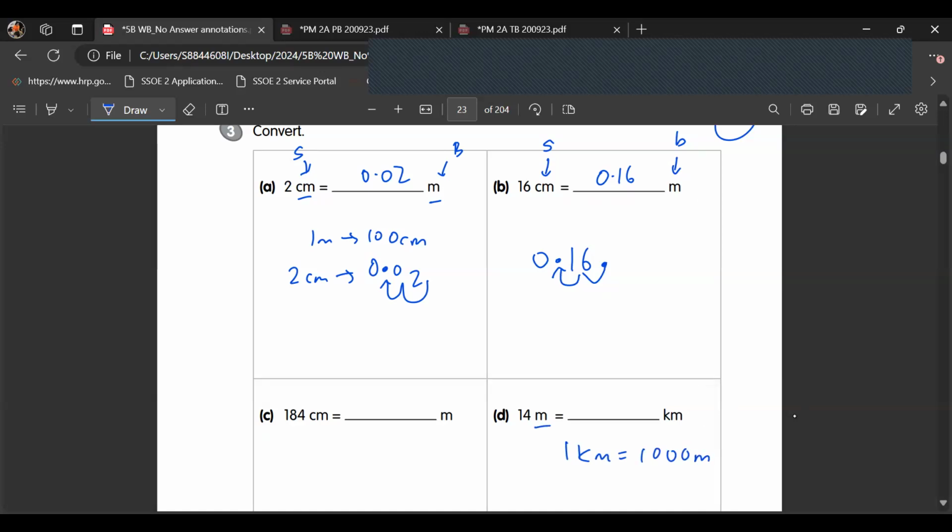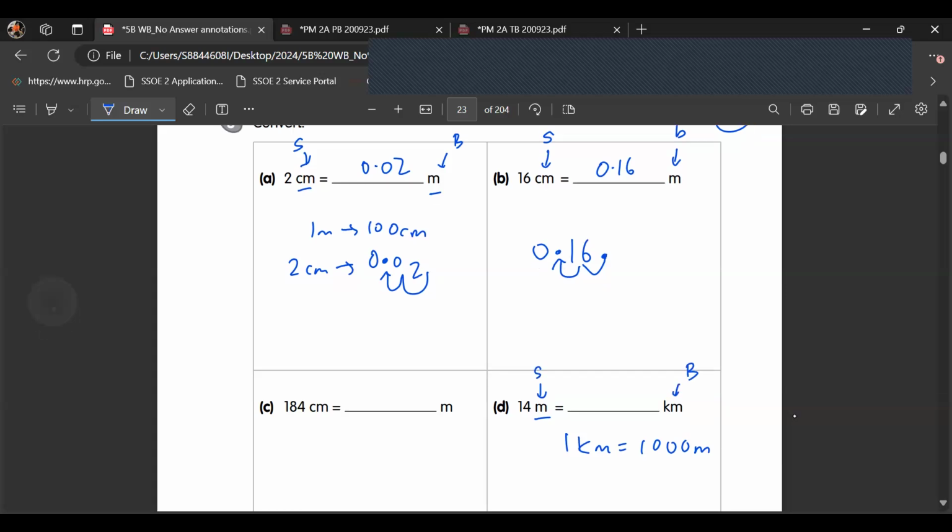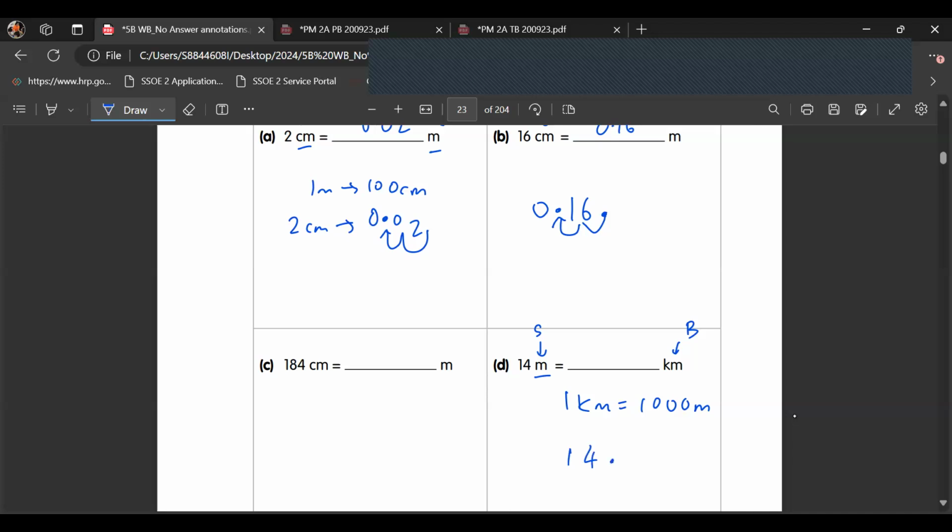So from this side, this is a smaller unit, become a bigger unit. I'm choosing division. So 14, I must divide by 1,000, 2 and 3, 0.014 kilometers. Is this okay?